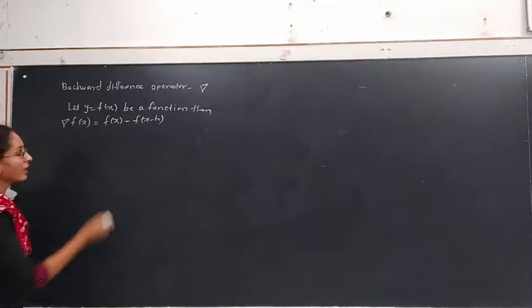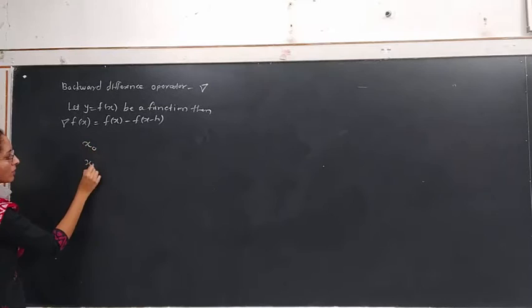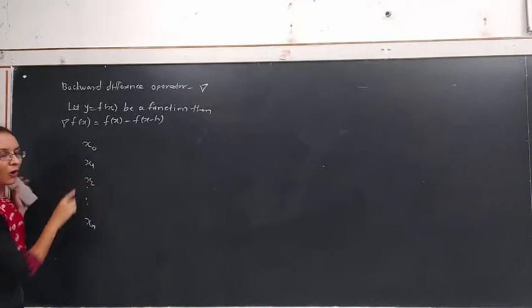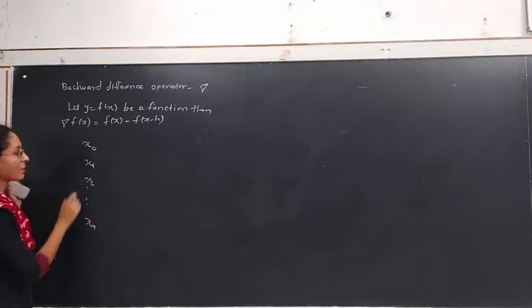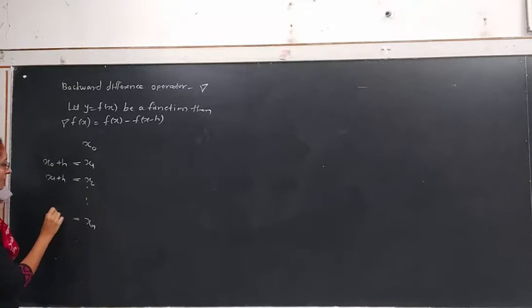If we are given n plus 1 values of x, suppose they are x0, x1, x2 up to xn, where all these values are equally spaced, meaning x1 is obtained as x0 plus h, x2 is given by x1 plus h, xn is given by xn minus 1 plus h.